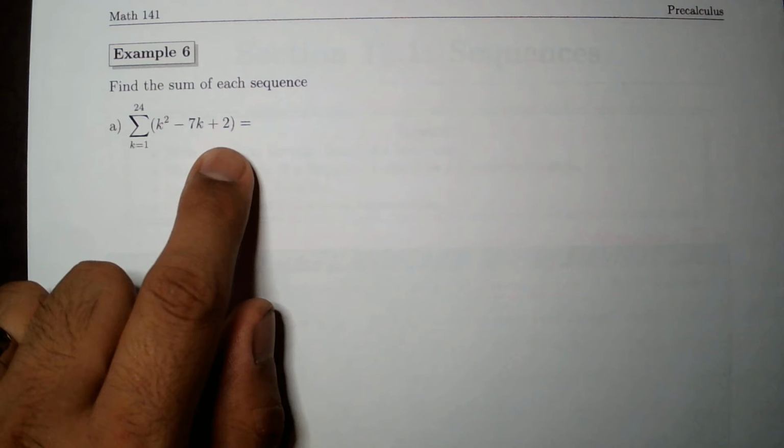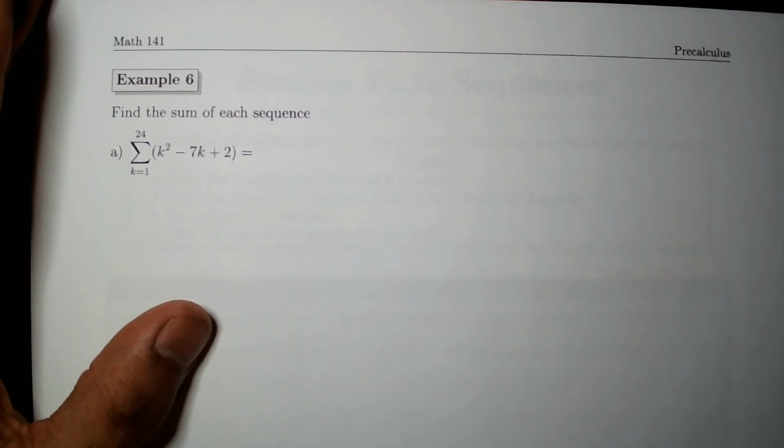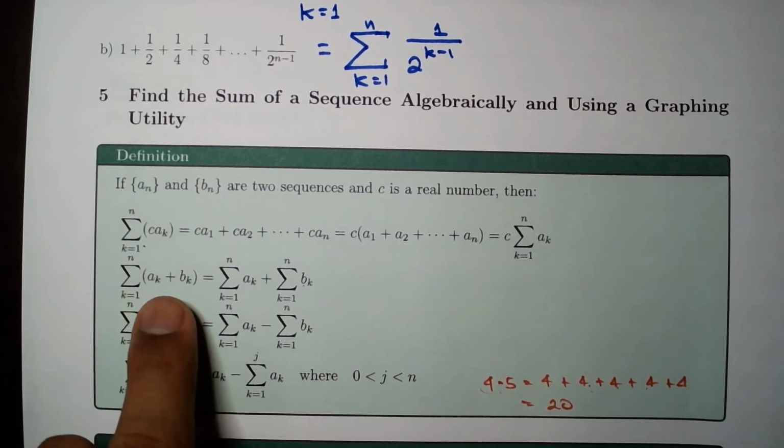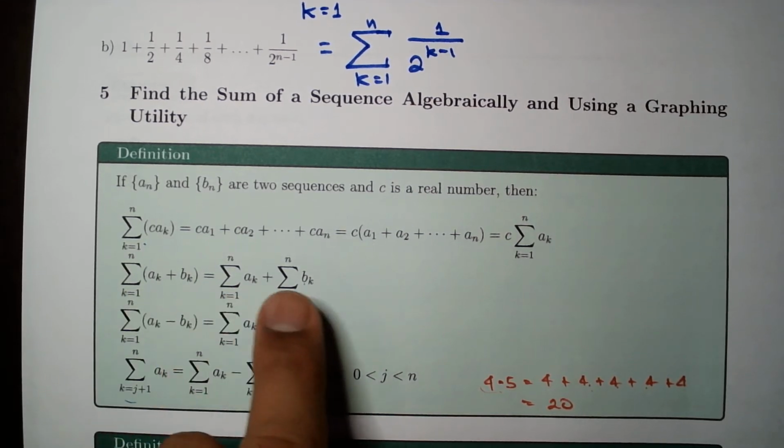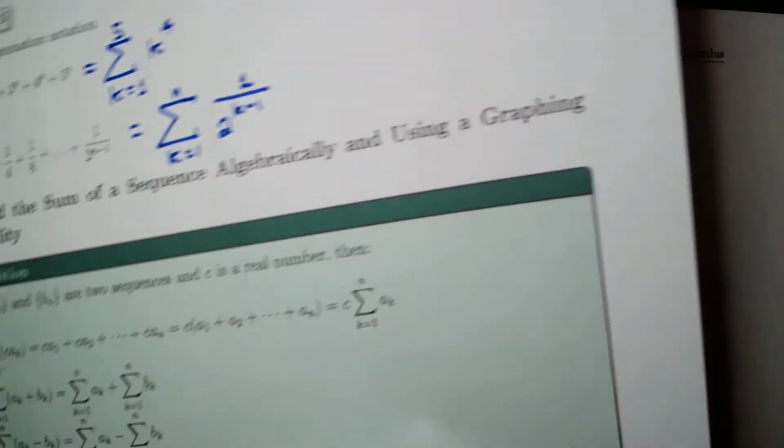So first of all, I'm going to use these properties first, the sum and the difference. The sum of a sum is the addition of the sums, and same for the differences.